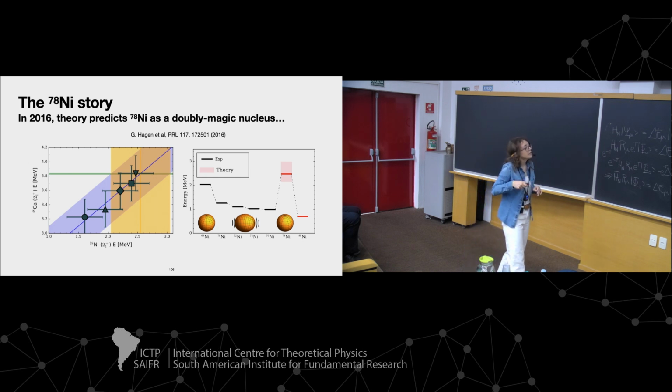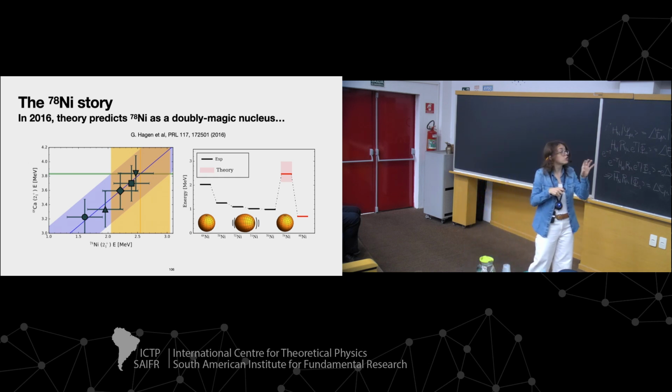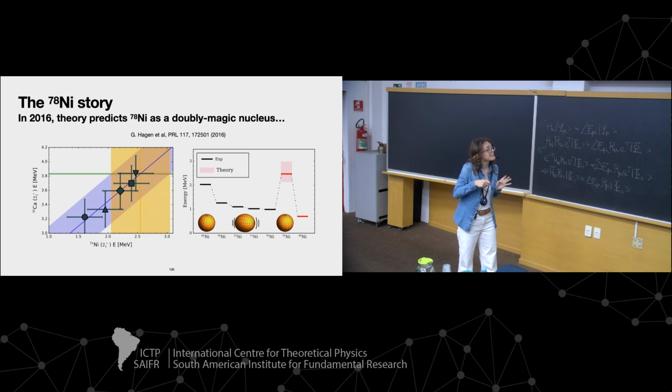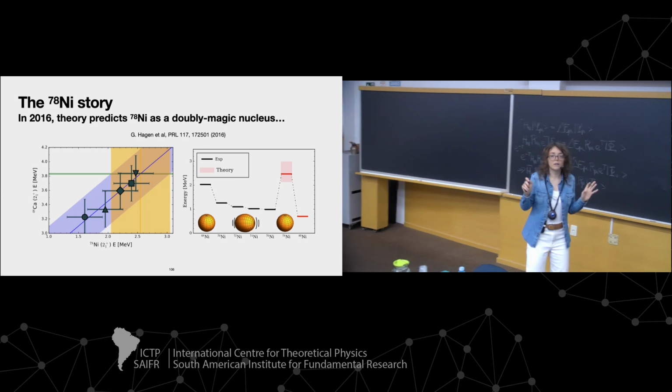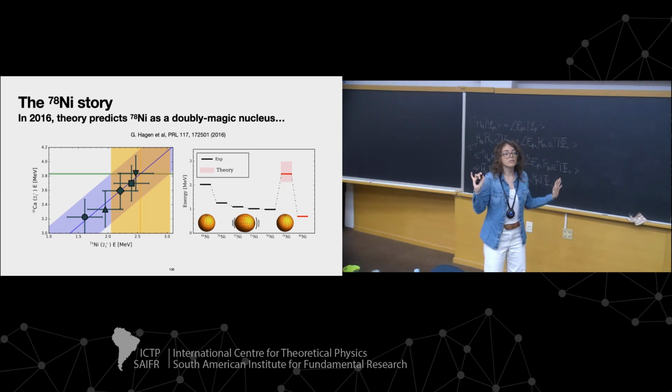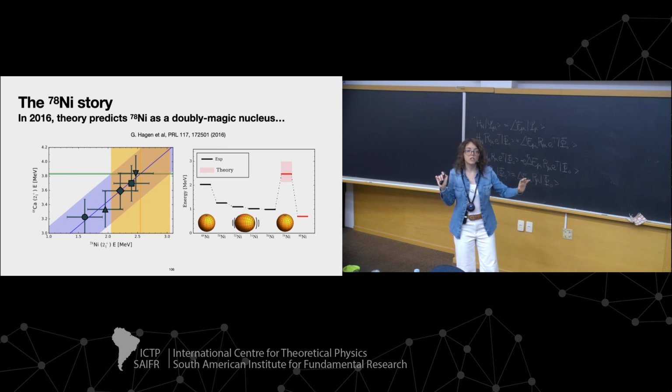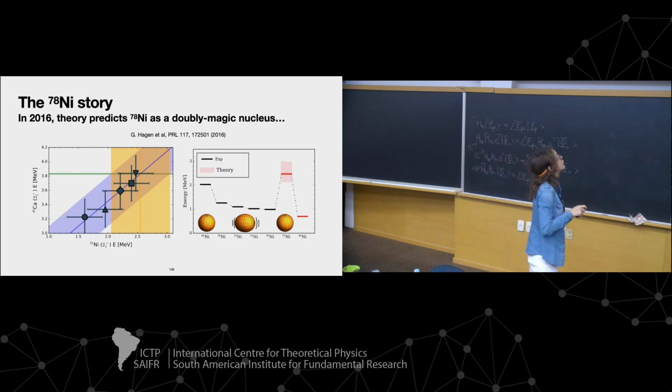And so here, if we then compare this prediction to the 2+ energies in the neighboring isotopes, we actually see that in the case of nickel-78, we have a bump. And so we can say, okay, we are in 2016, and we say, good, I think nickel-78 is in the neutron-rich land, but it's a doubly magic nucleus.